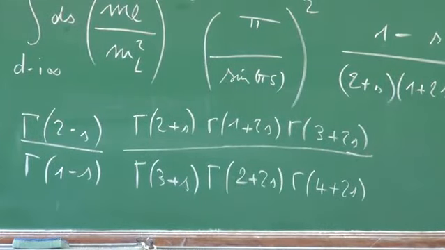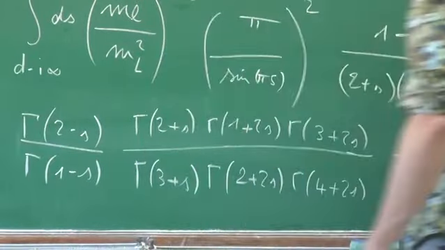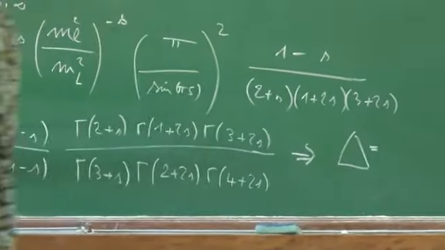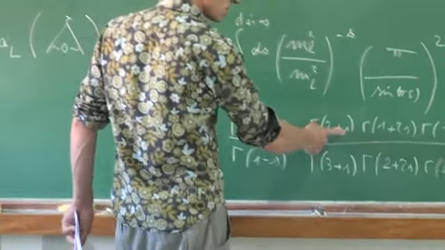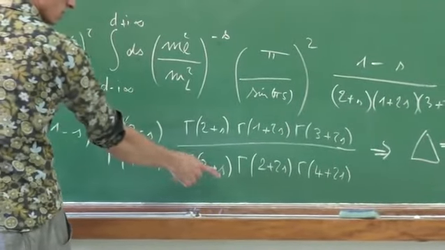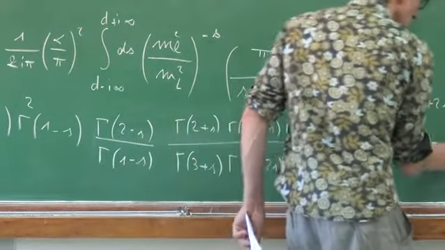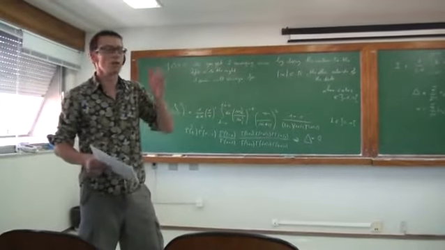Okay, so if I count, I have for delta: minus s minus 2s, 0, minus s plus s, 0, 4s, minus s plus s, 0, minus 4s, 0. Delta equals 0, and we are in this situation where we can safely close the contour to the left or to the right.